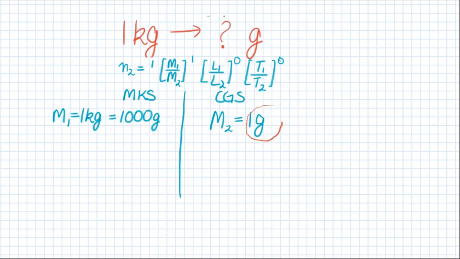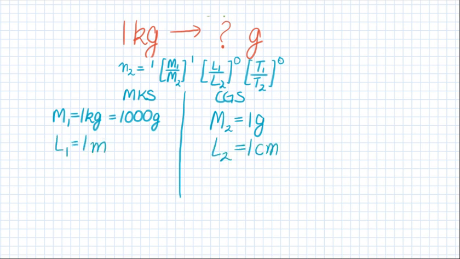Can you see? M1 is how much? 1000 grams. M2 is how much? 1 gram. Fine. Now here, L1, L2, T1, T2 are to the power 0. Or instead, let's just write this L and T also.